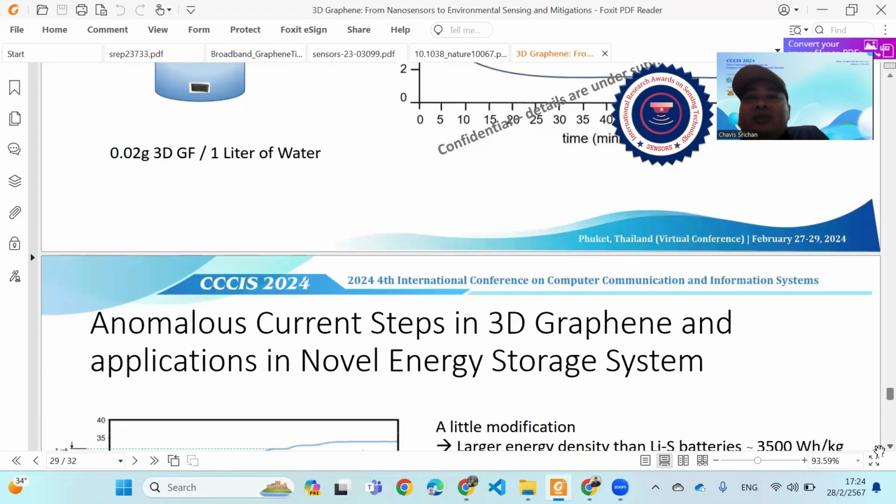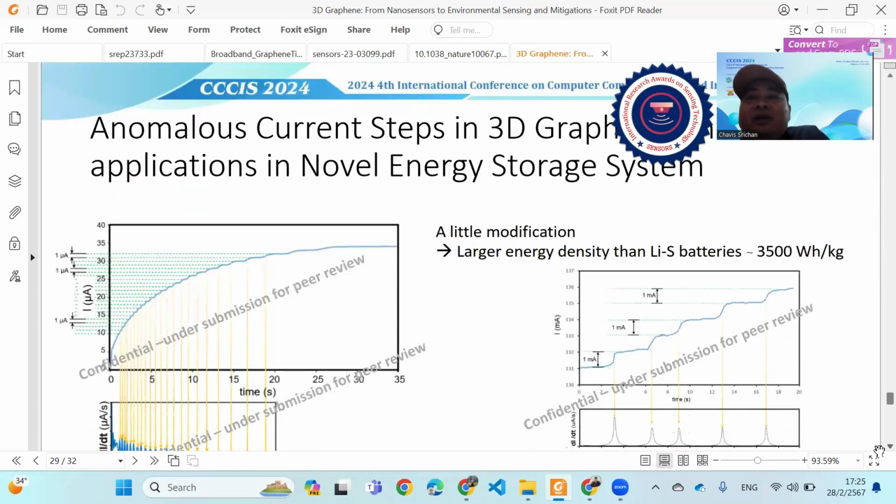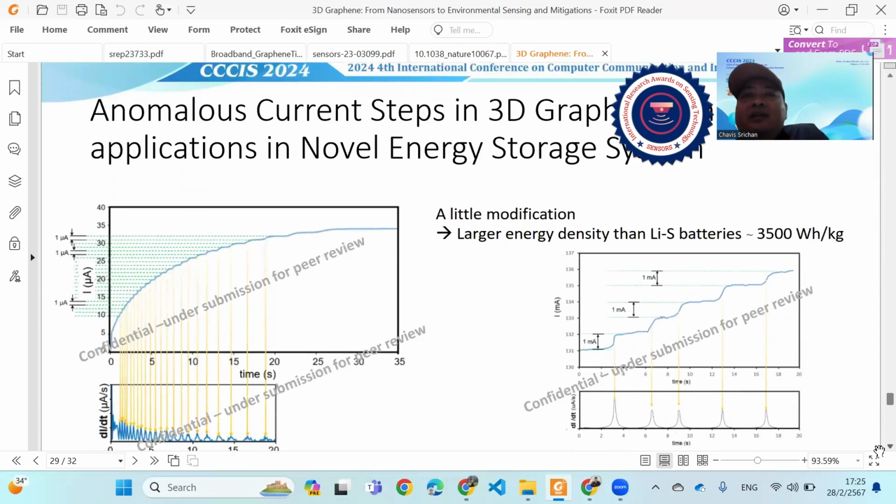And last but not least, I would like to talk about energy storage. We discovered that at a certain condition, we have a step up in the current when we charge in an electrochemical system. We are going to publish this work as well, so it is confidential.